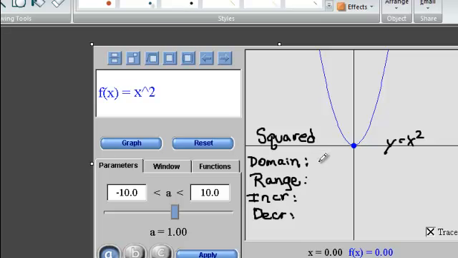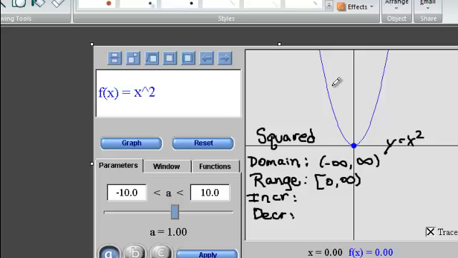Remember, on domain, we had discussed that unless you have a square root or a denominator, our domain, generally speaking, is going to be negative infinity to positive infinity. Now the range, I look up and down. The range is going to be from 0 on up to infinity. There are no negative y's. It includes 0, so I make a square bracket on up to infinity. That's my range.